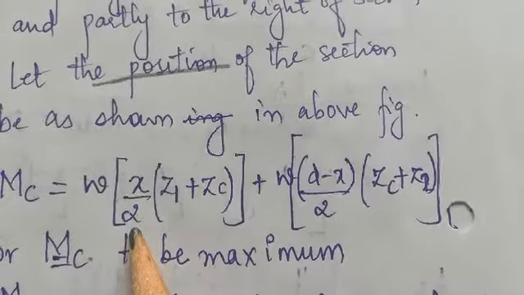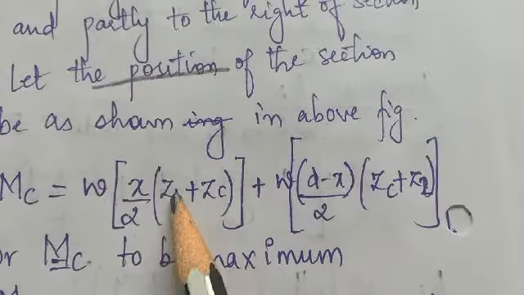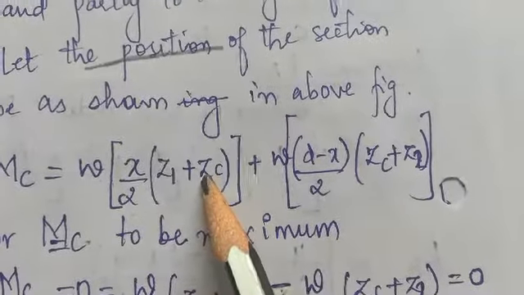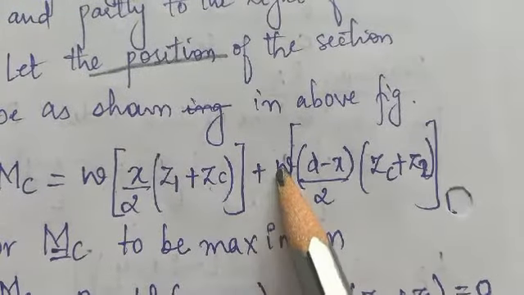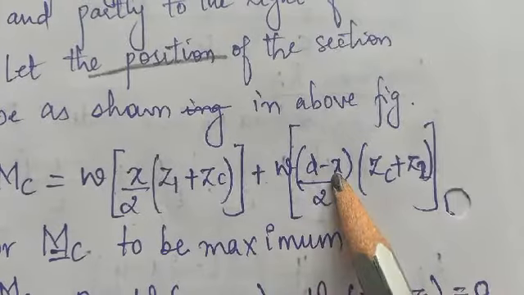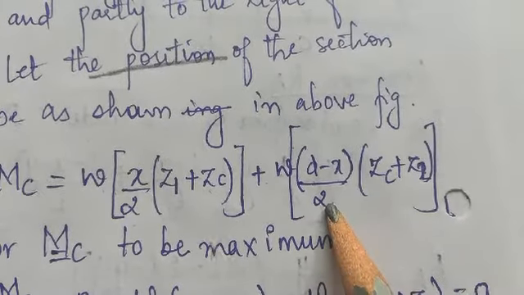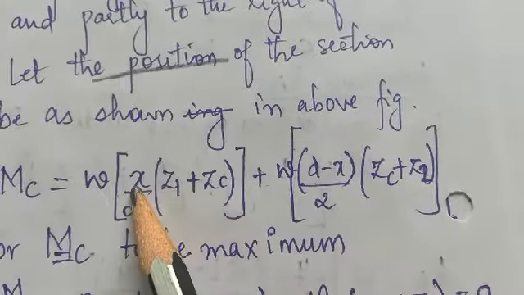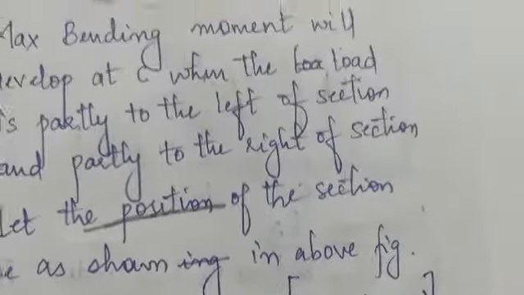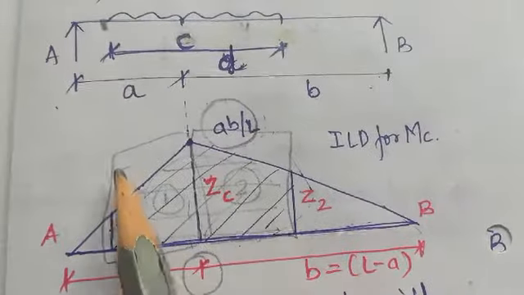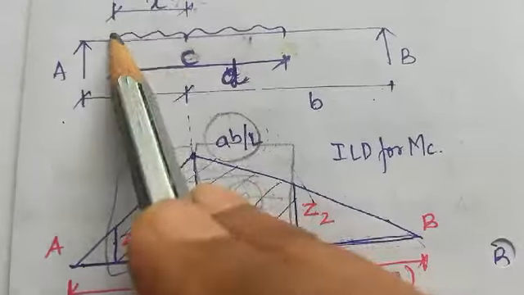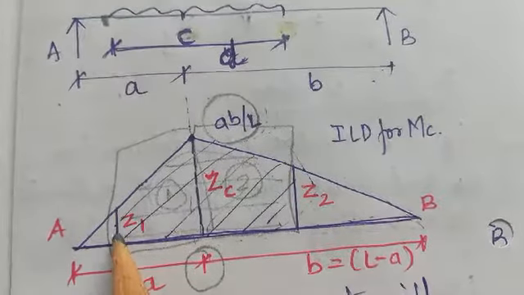Load into x divided by 2 into Z1 plus Z2, plus load into D minus x divided by 2, that is half base. Let me go to the diagram. Here the base is x, from here to here this base is x.